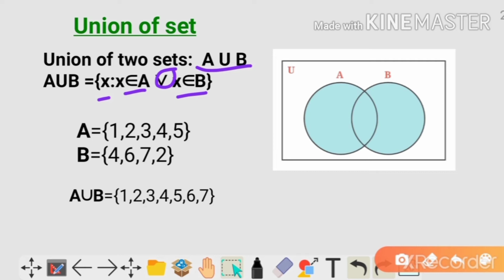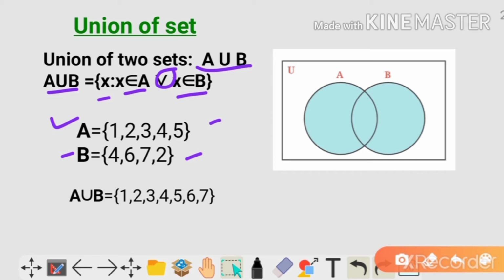So now look at the example. Here A contains 5 elements, 1, 2, 3, 4, 5, and B contains 4 elements, 4, 6, 7, 2. And the union of these two sets will include all the elements of A and B, but will not repeat the same element.